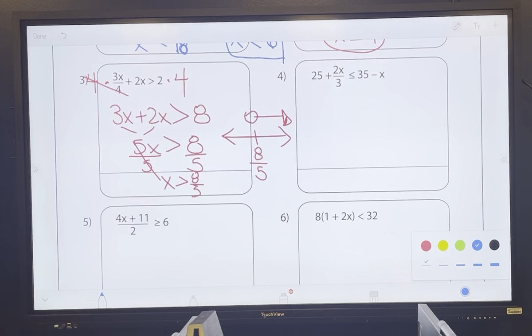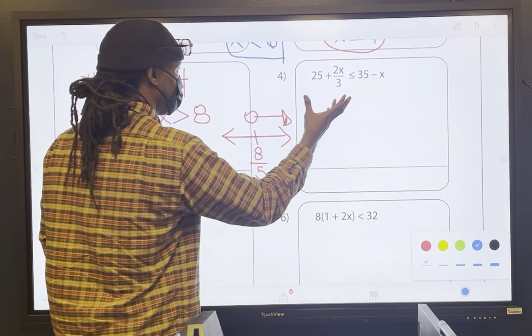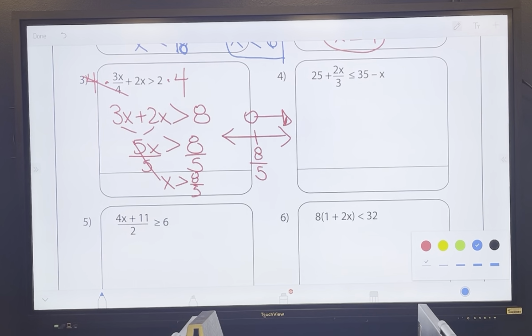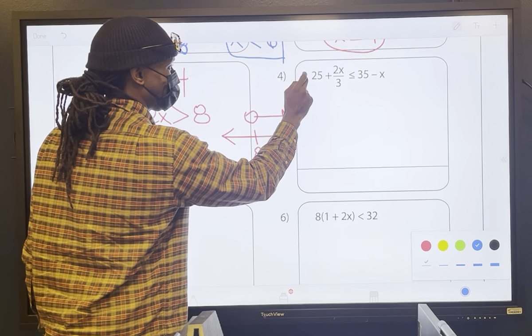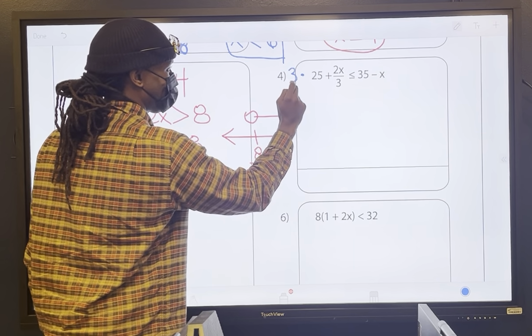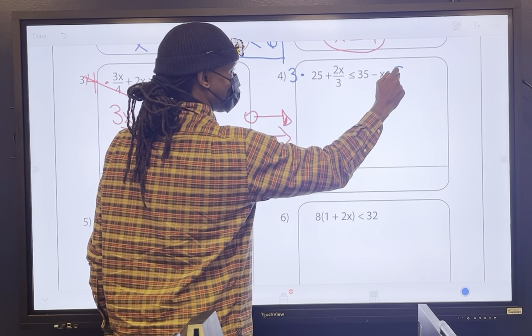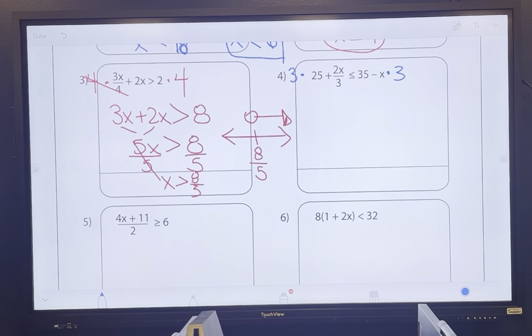Can I get to the next one? What am I doing first in number 4? She's going to multiply both sides by 3.